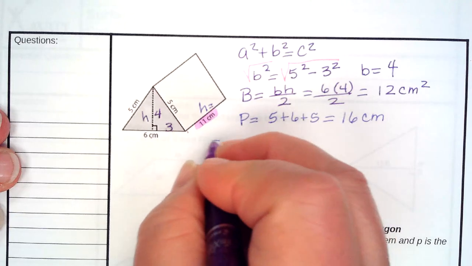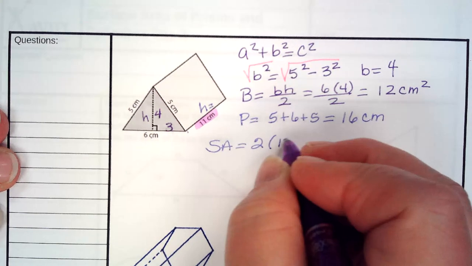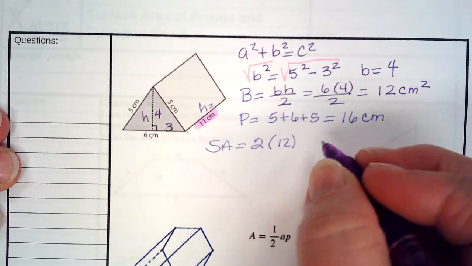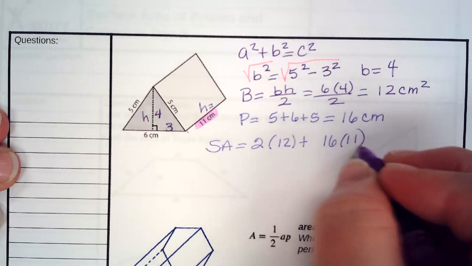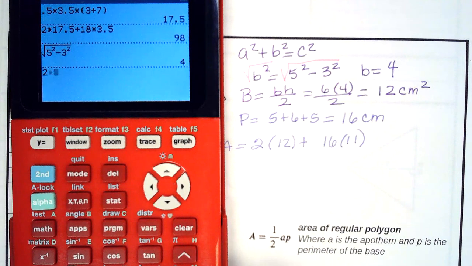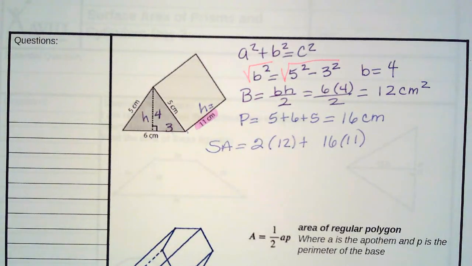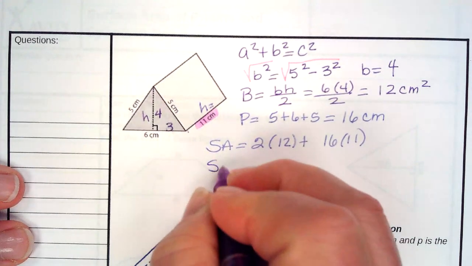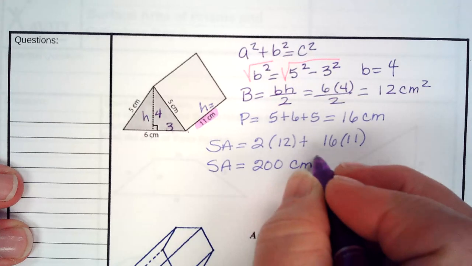My surface area is 2 times 12 plus 16 times 11. And we end up with 200. That will be 200 centimeters squared.